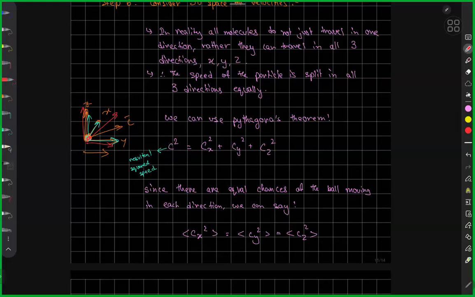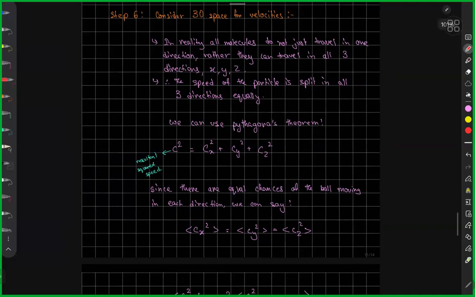So when you consider the total system, it has equal amounts in all. Individually, each particle can have more in either x, y, or z, but it will be balanced. Exactly, correct. So when you consider the total system, it is equal in all of those directions.